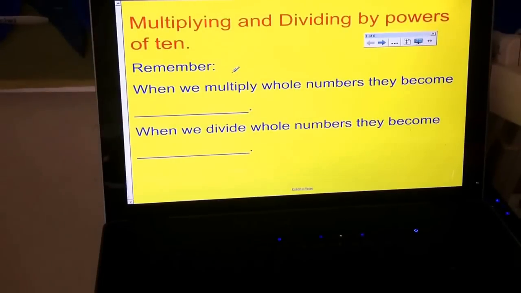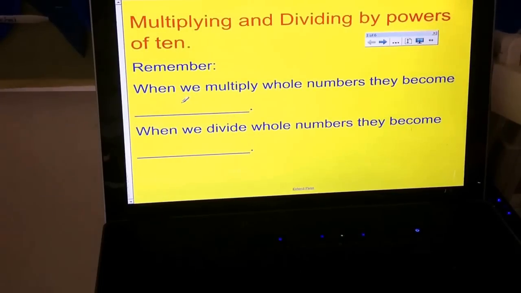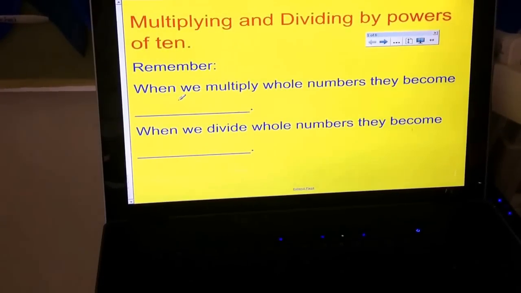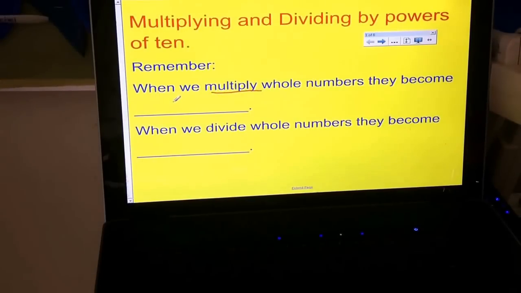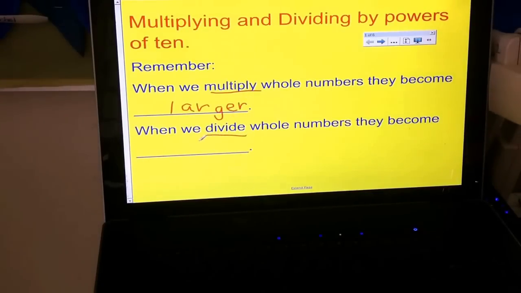Today we're going to talk about multiplying and dividing by powers of 10. One of the important things to remember is when we multiply whole numbers, they are always going to become larger. And when we divide whole numbers, they are going to become smaller.